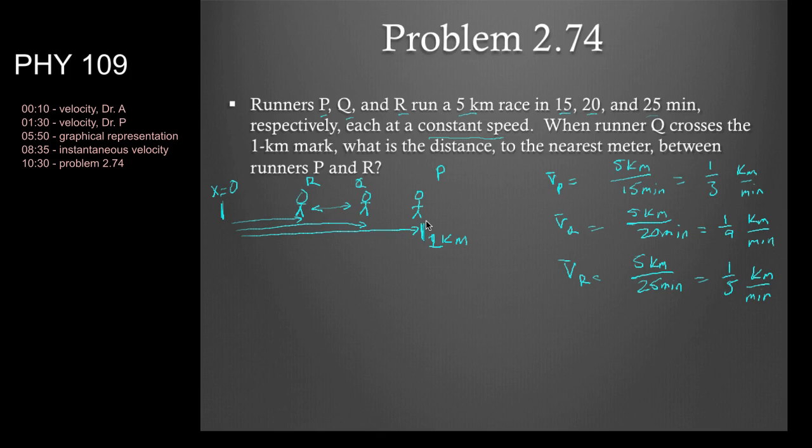So now we've got the position of P at 1K. And what we want to know is what's the distance. So this is some snapshot in time that we took. As soon as P crosses this 1K, what is the distance between Q and R? So let's find out what that time is when P crossed that mark.